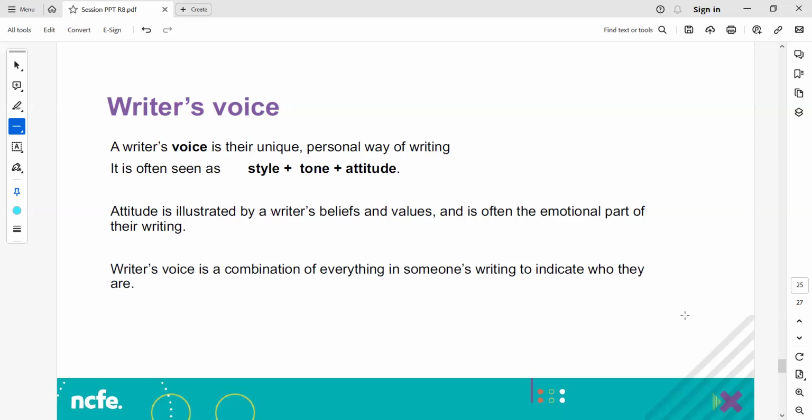Even though the stories can be completely different, there is a similarity in the writer's voice, in the style and the tone of the work. The attitude is illustrated by a writer's beliefs and values, and is often the emotional part of their writing. The writer's voice is a combination of everything in someone's writing that indicates who they are.